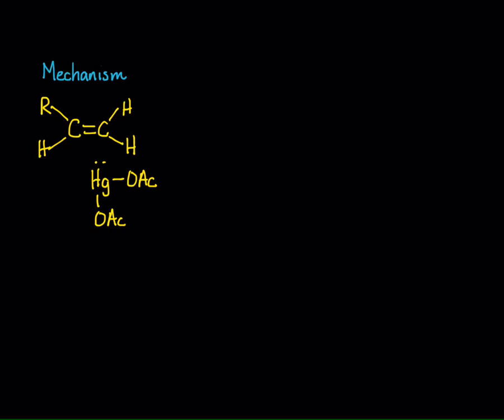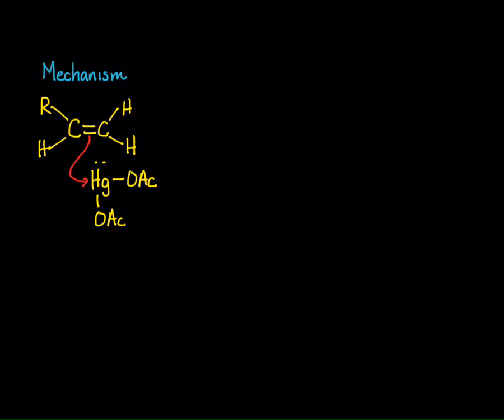Mercury has a lone pair of electrons on it, a non-bonding pair, and then it has 2 acetate ions coming off of it. And what happens is the pi bond, so mercury is a Lewis acid. A lot of metals are Lewis acids, so it can accept a lot of electrons around it, and certainly it can accept a pair of pi electrons.